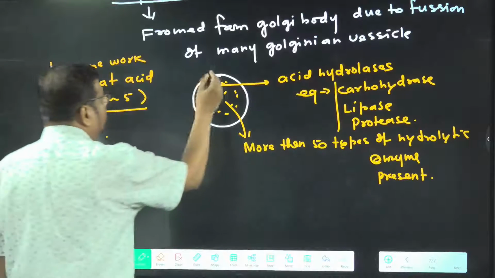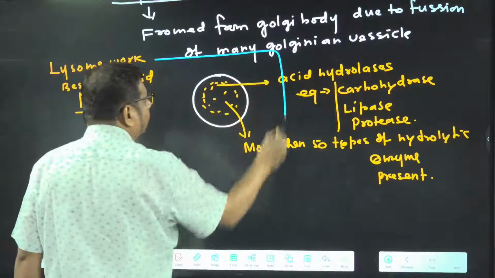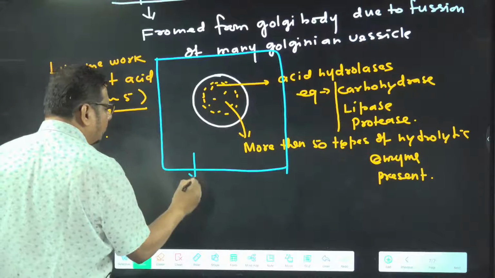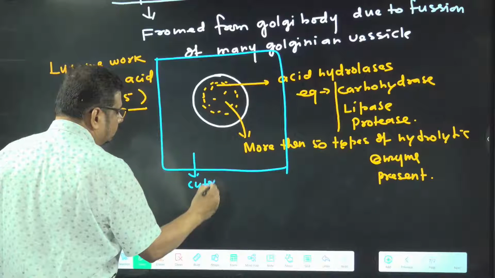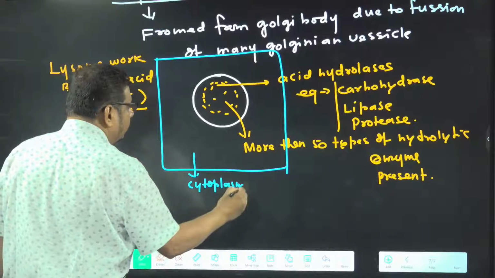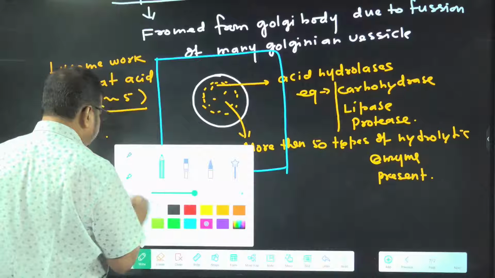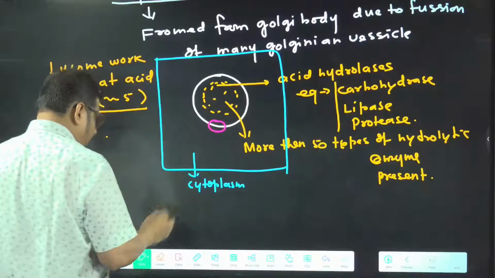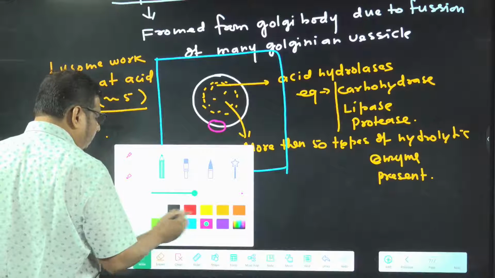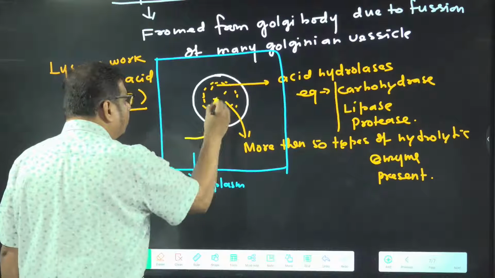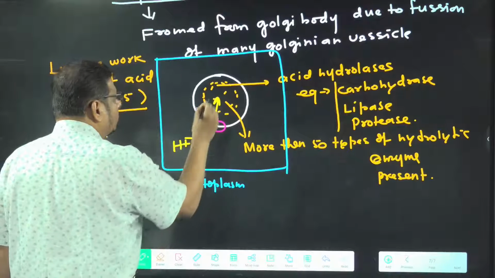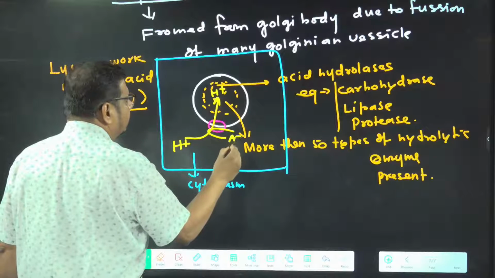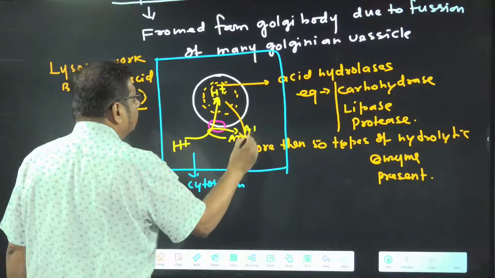Now the question arises, how does it maintain the acidic environment? Suppose that this is the cell, and this is assumed to be lysosome. Here it is cytoplasm. So in the membrane of the lysosome, there is a pump protein present. And this pump protein actively pumps protons from the cytoplasm to which one? Lysosome. And in that, expenditure occurs: ATP is converted into ADP.